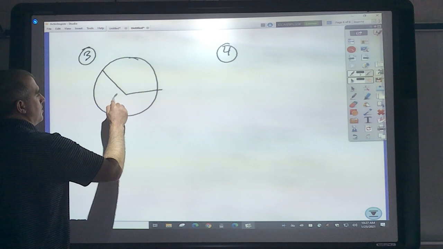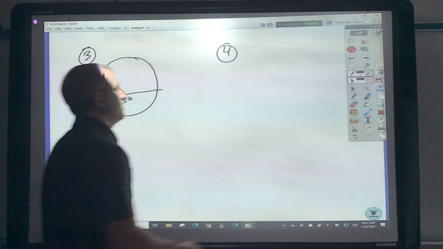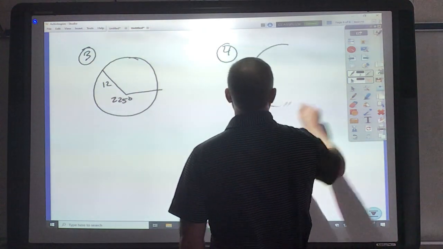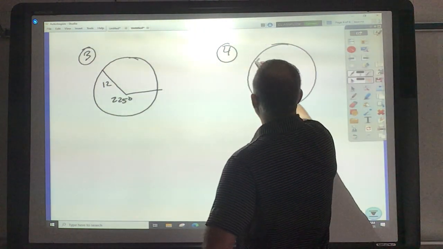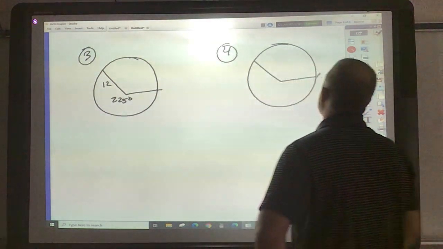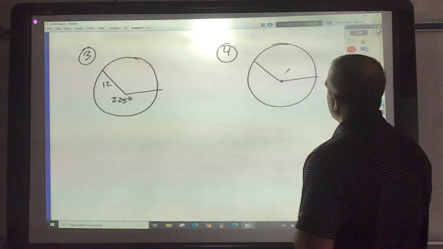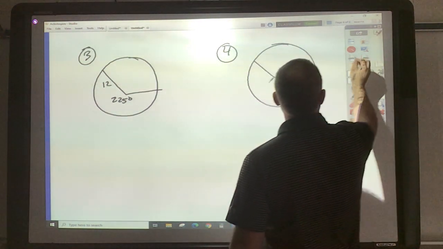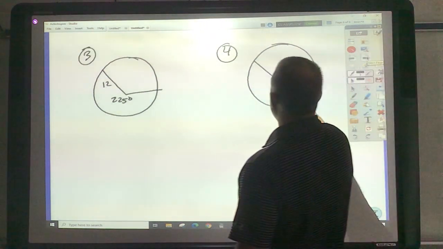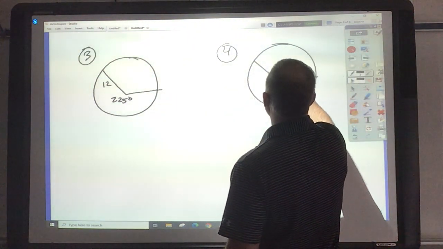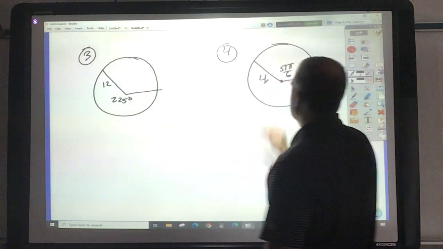Let's say we're dealing with 225 degrees and a radius of 12. And for the other one, let's say the measurement is 5 pi over 6 and the radius is 4.